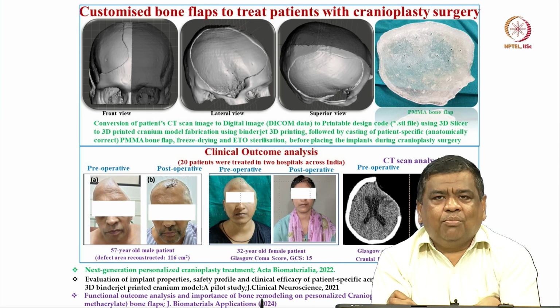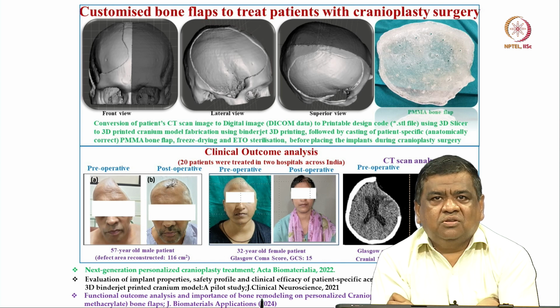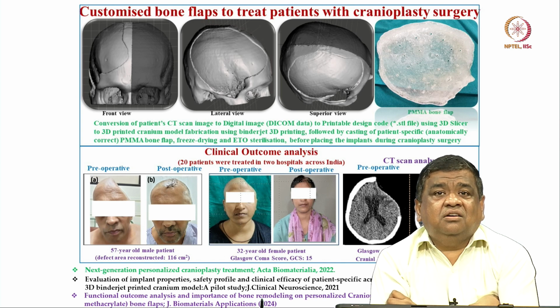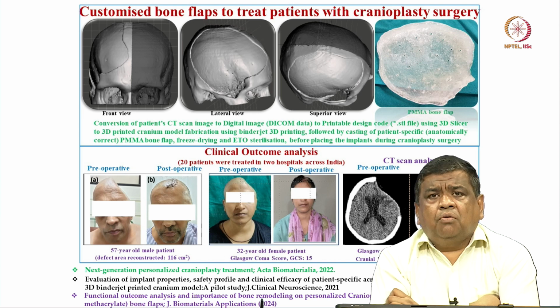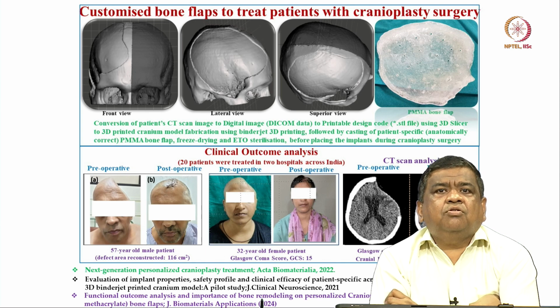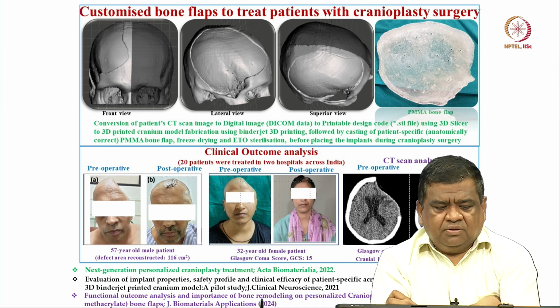No, that approach will not work. We must have customized bone flaps, and that is the reason a patient has to come back to the hospital for the CT scan or MRI scan, and get this CT scan or MRI scan sent to the designer or manufacturer to make these customized bone flaps, right.